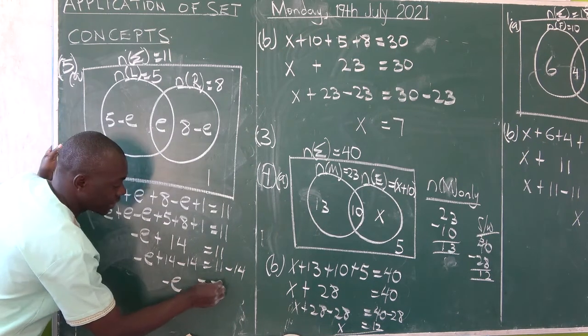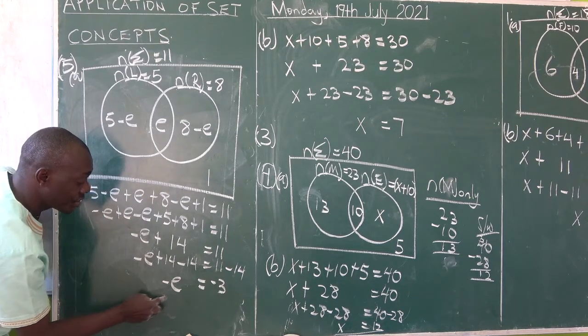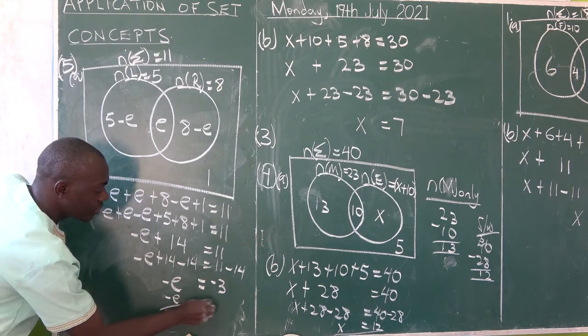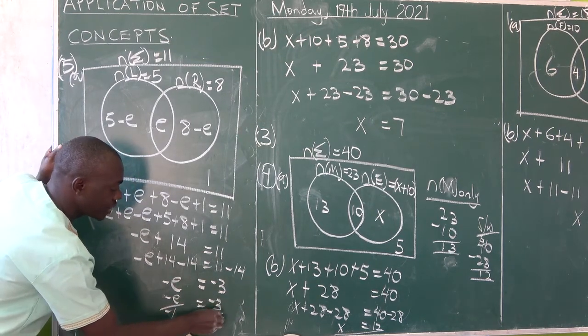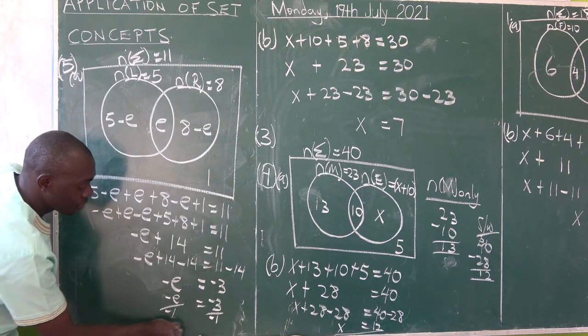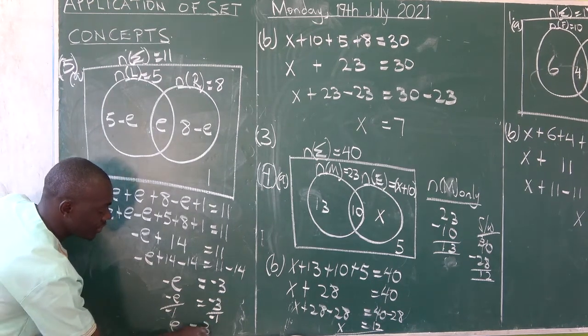Negative 3. Very clever. So then we divide both sides by negative 1: negative e divided by negative 1 equals negative 3 divided by negative 1, where a negative over a negative is a positive, which is e. Write that e equals 3.